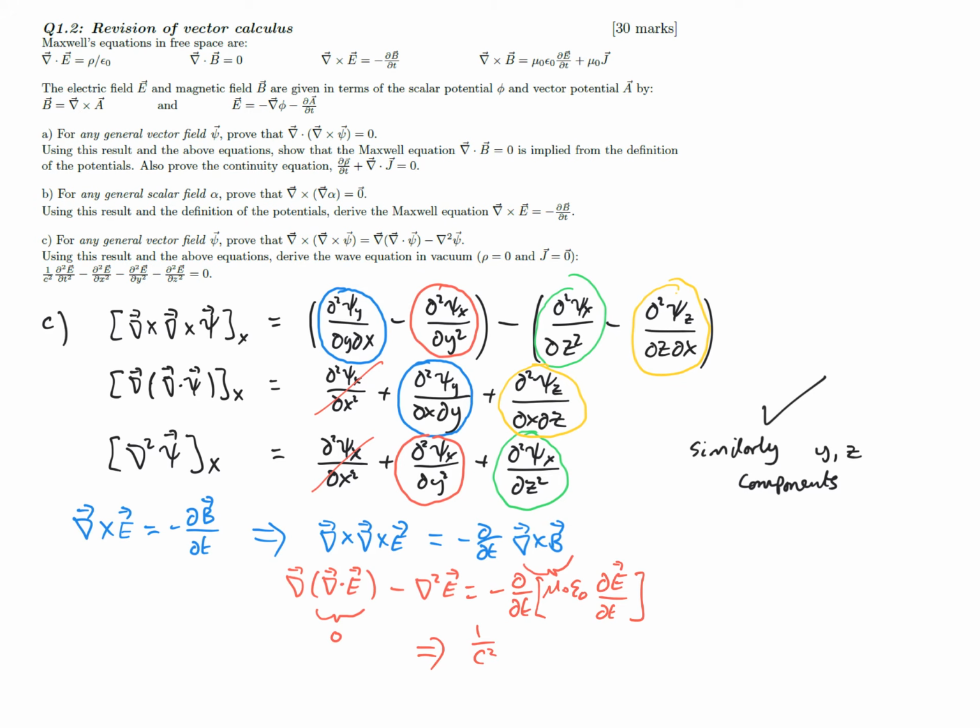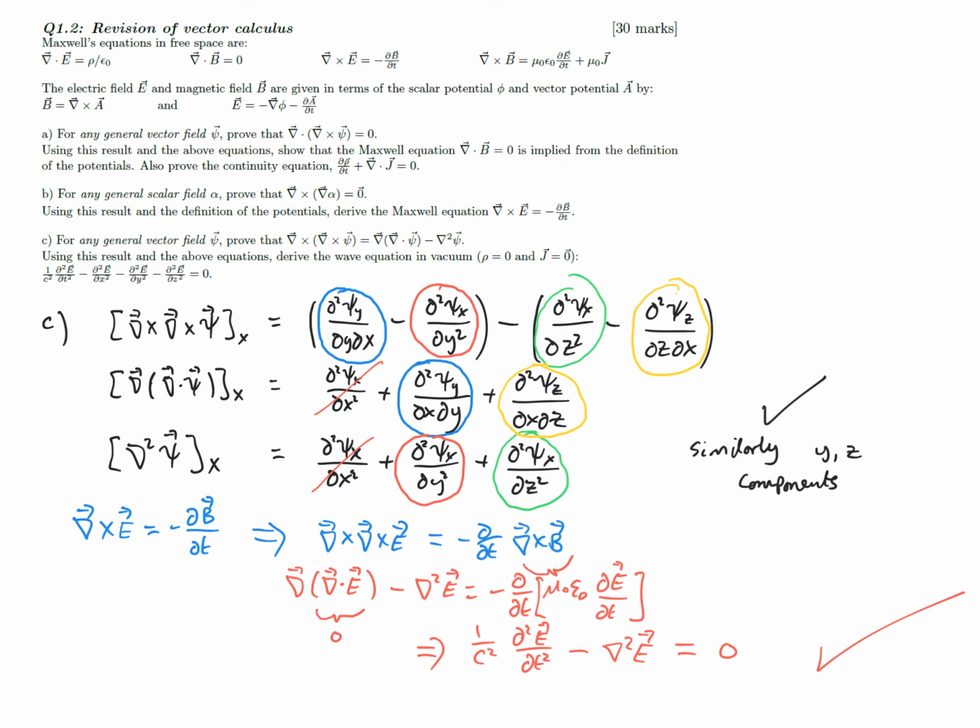And then we have a double second derivative for the time, so d squared E by dt squared minus the Laplacian of E equals 0. And the Laplacian of E is nothing else but d squared E by dx squared plus d squared E by dy squared plus d squared E by dz squared. And so indeed that is the wave equation. Tick.